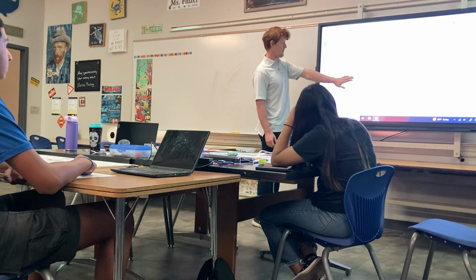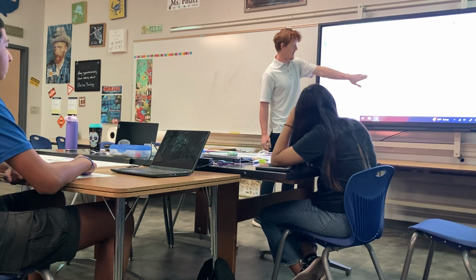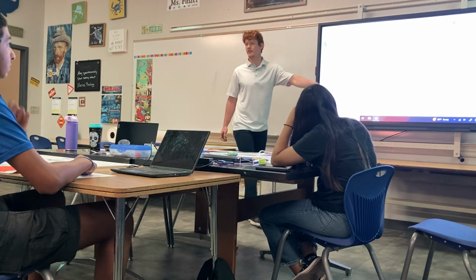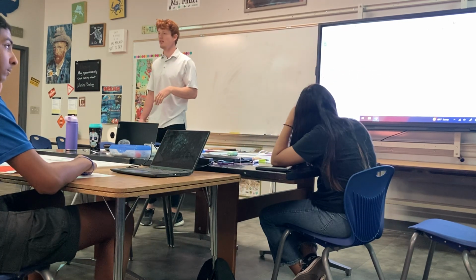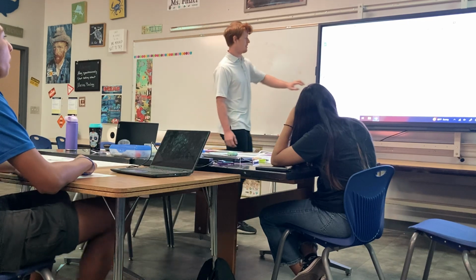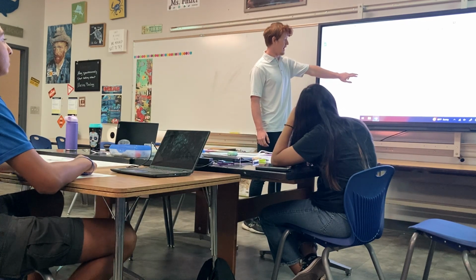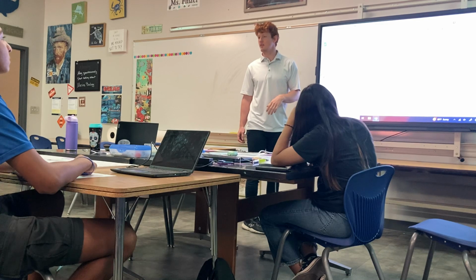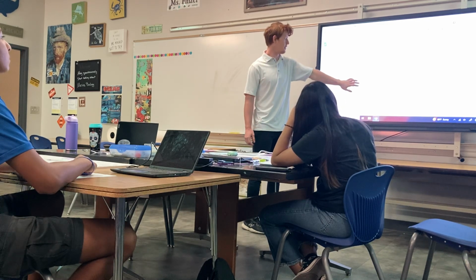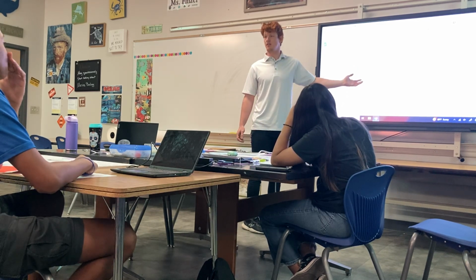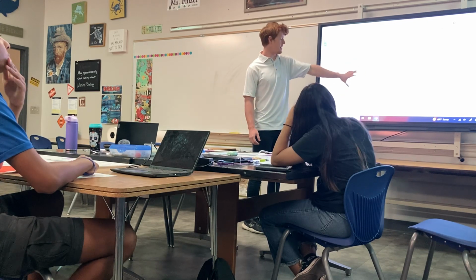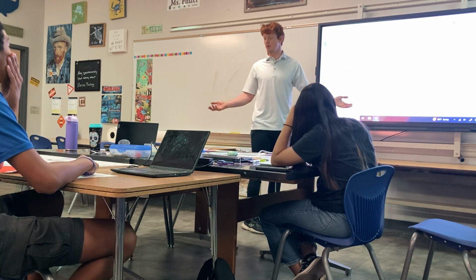For example, if we added the prefix deca to meter, we would have decameter, and that would be 10 times the length of a meter. So it's pretty easy to remember. And a hectometer would be 100 times the length of a regular meter. So just based off the prefix, you can tell. If you memorize these prefixes, you can really know what any unit means.